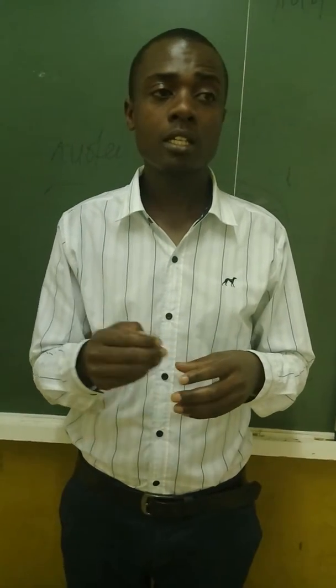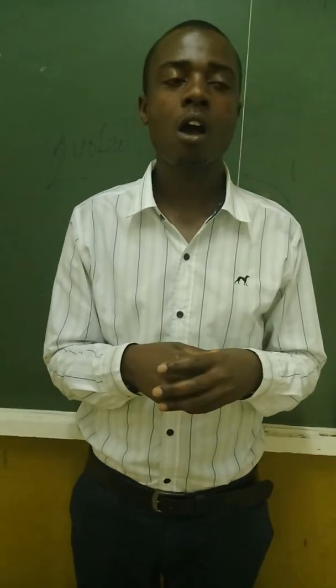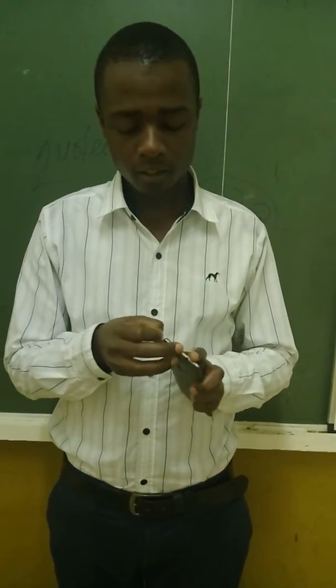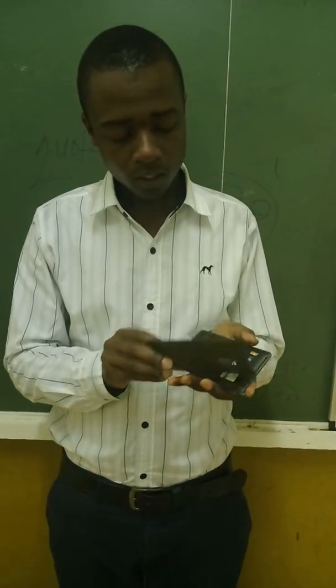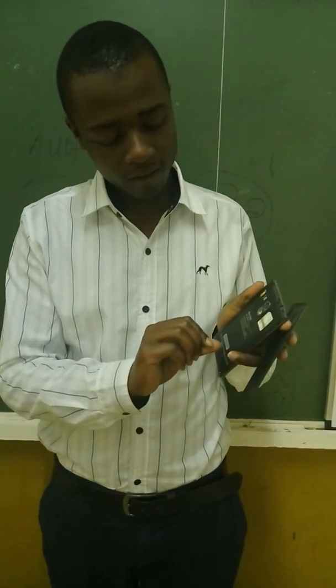In this programming, let's take an example of a mobile phone. Here is a mobile phone, and this mobile phone has a screen. This is the screen of a mobile phone, and this mobile phone has a battery. This is a battery which you can unmount.